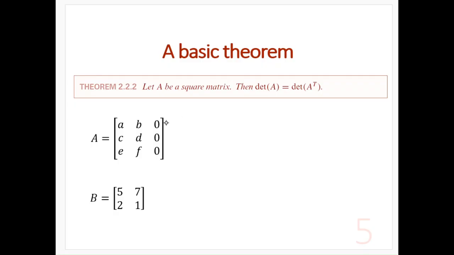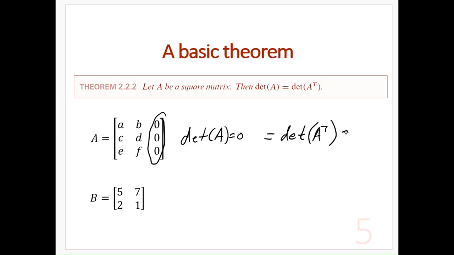If we quickly look at this column of zeros, we can say the determinant of A here equals 0. So I know in this situation that that is also going to equal the determinant of the transpose of A, and so that also in this instance is going to equal 0.